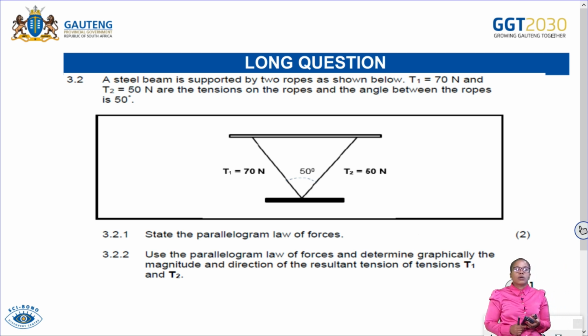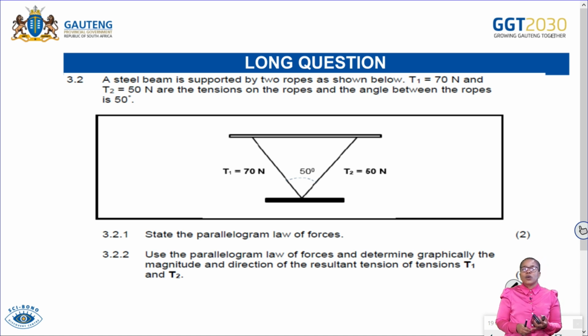Okay, so 3.2.1 states the parallelogram law of forces. Okay, so you need to be able to state it so that you are able to calculate using the parallelogram law of forces. So what does it say?